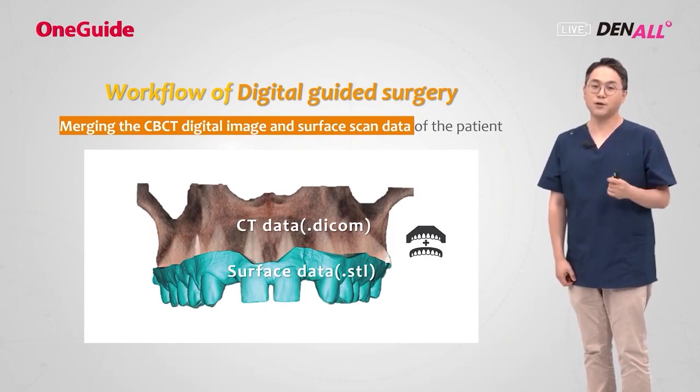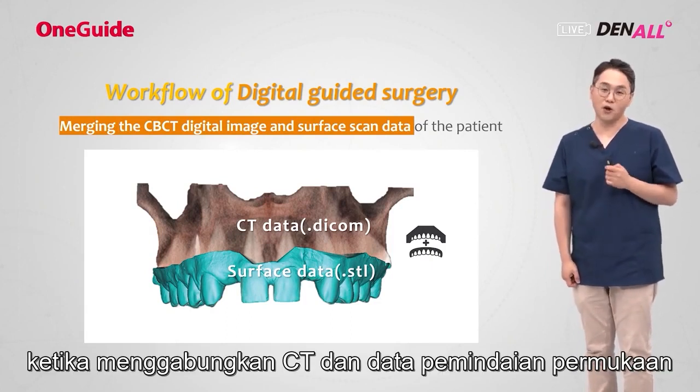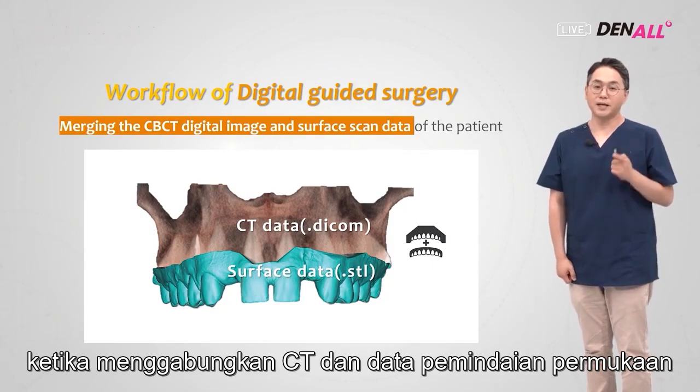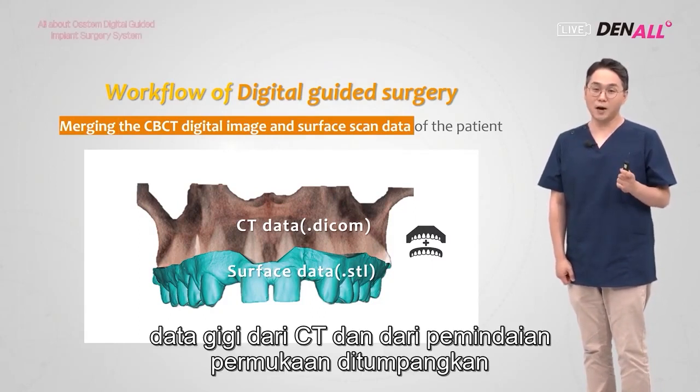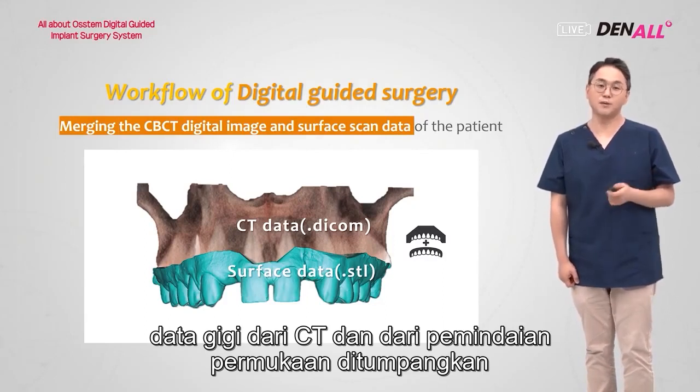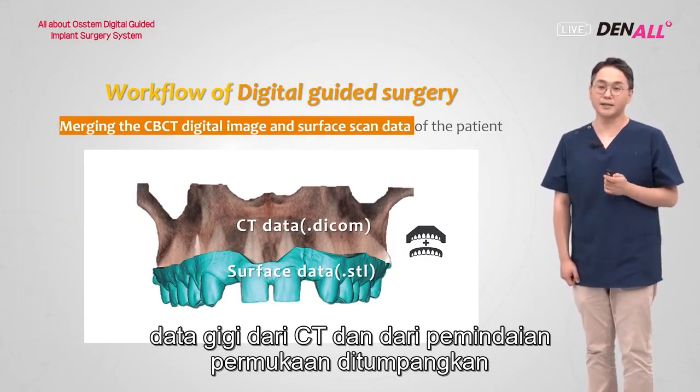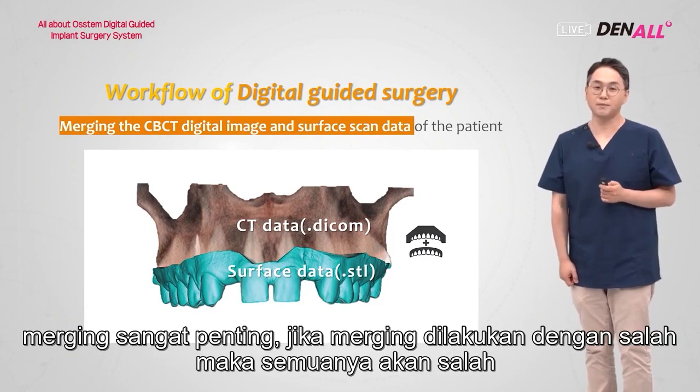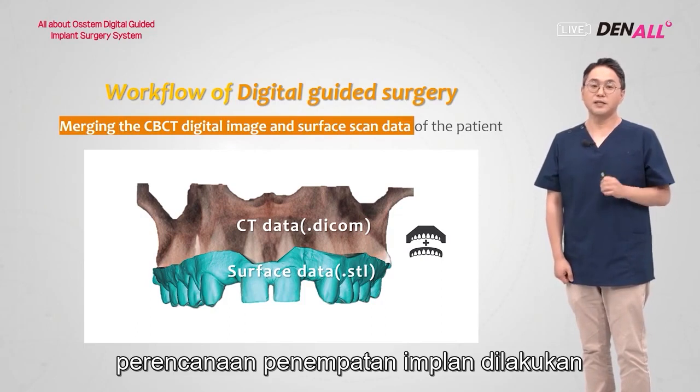We call it merging when we merge the CT and surface scan data. The teeth on the CT and the teeth on the surface scan are superimposed. Merging is very important. If merging is done wrong, everything goes wrong.